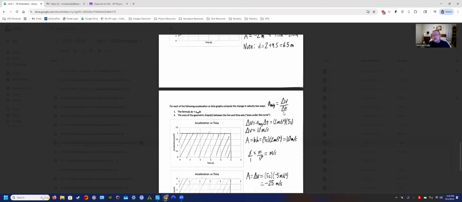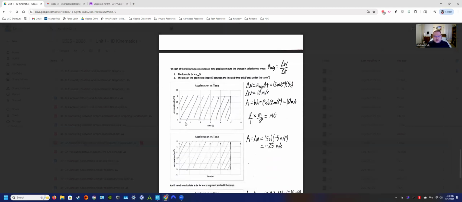Well, just like by looking at slopes, the slope of position gave us velocity, and the slope of velocity gave us acceleration, the area under velocity gives us the change in position, and the area under acceleration can give us the change in velocity.